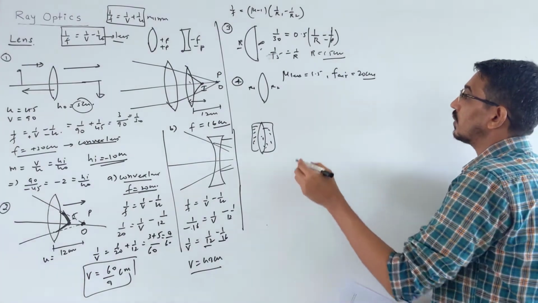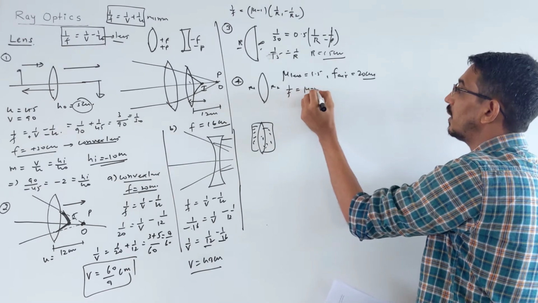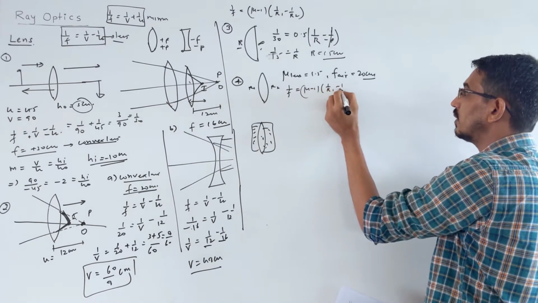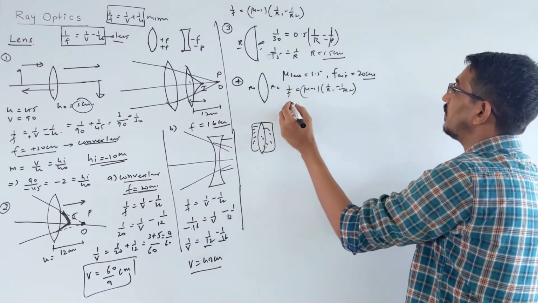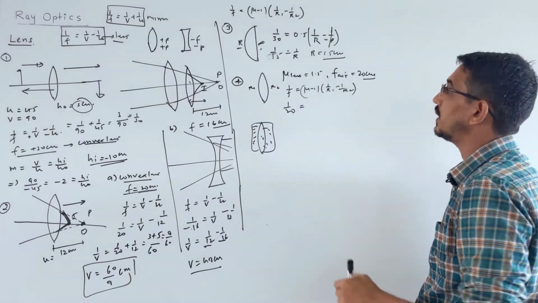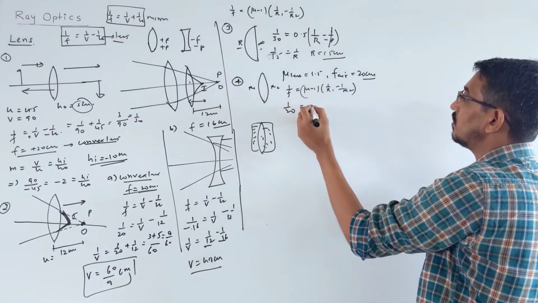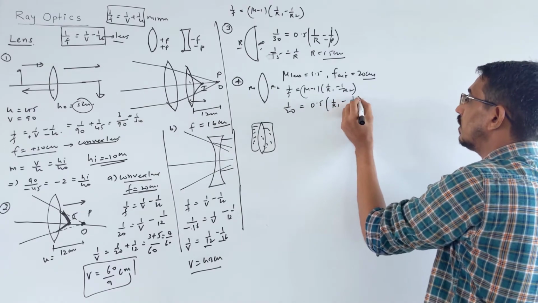So let's write the equation for air first. 1 by f in air is mu minus 1, the normal formula. Many things are given to us. 1 by f is 1 by 20, mu minus 1 is 1.5 minus 1, which is 0.5, into 1 by r1 minus 1 by r2.